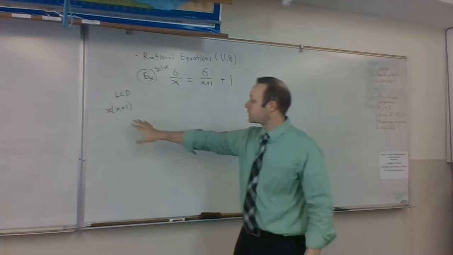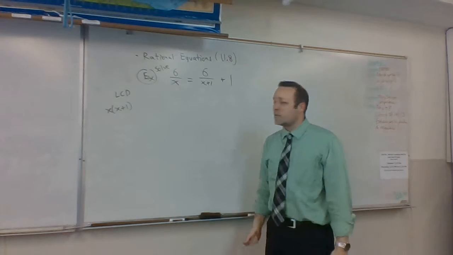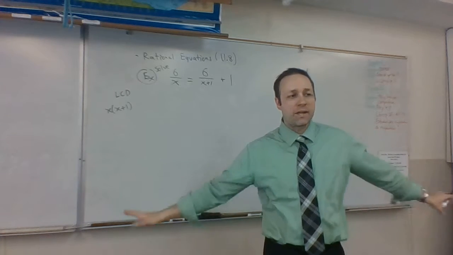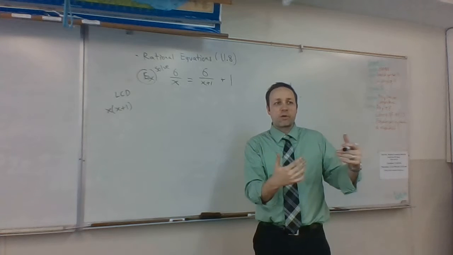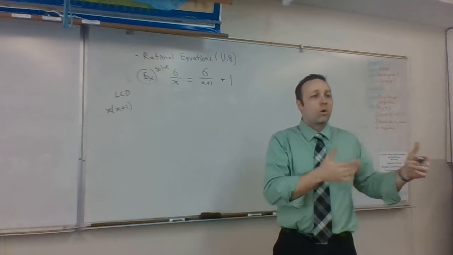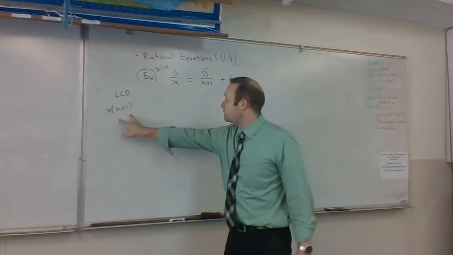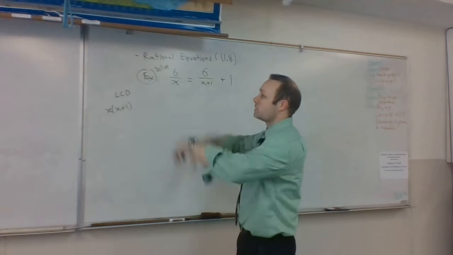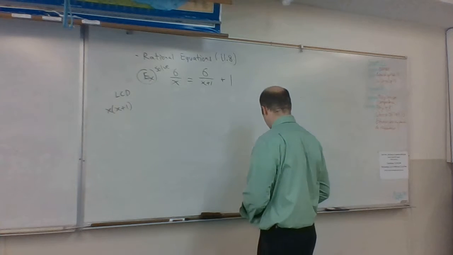So let's take our lowest common denominator and multiply each chunk by it. What that does is it eradicates all rational expressions. At that point, we have something just like a linear equation that we need to solve, or a quadratic equation. We're going to take our LCD, multiply by each thing, and all of our denominators should cancel if we do it correctly. All right, let's see what we get.